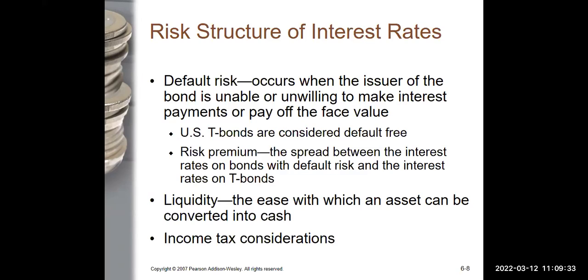So US T-bonds, Pakistan Treasury bonds or UK T-bonds are considered default free. The risk premium is the spread between the interest rates on these bonds and the interest rates on T-bonds.